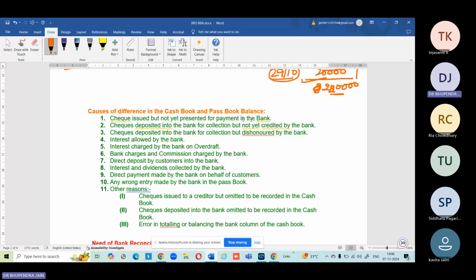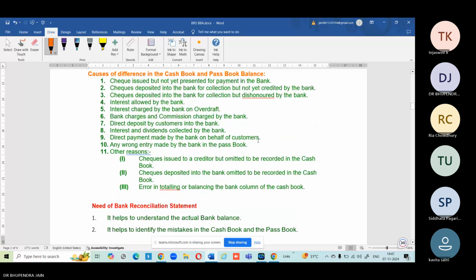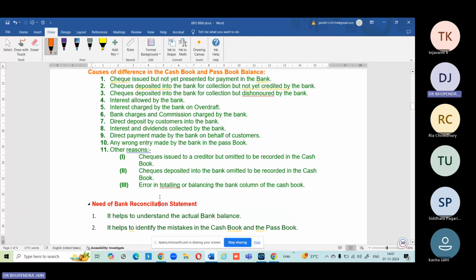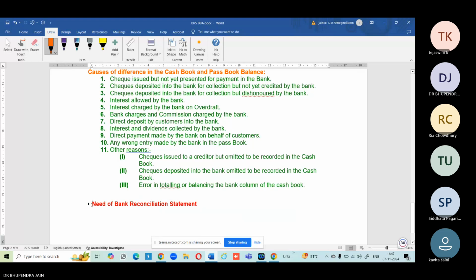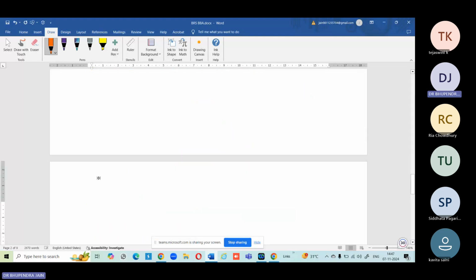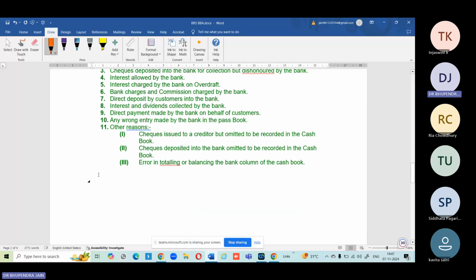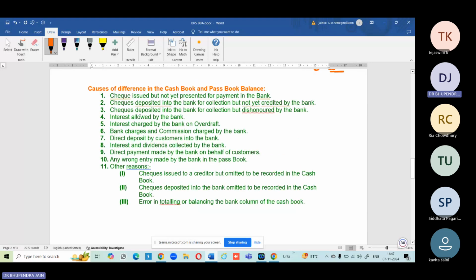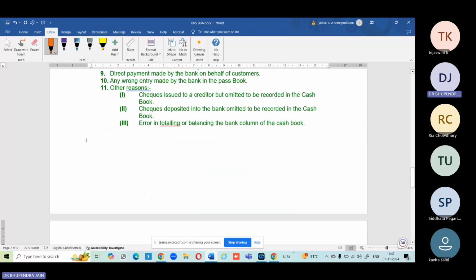Check deposited into the bank for collection but not yet credited by the bank. What is this? In the first case, you are issuing the check. In the second case, you deposit the check.